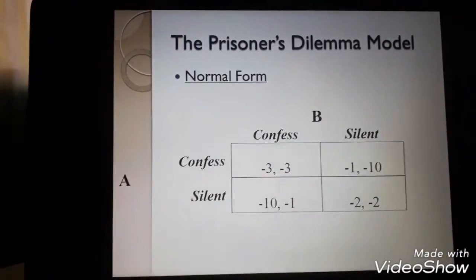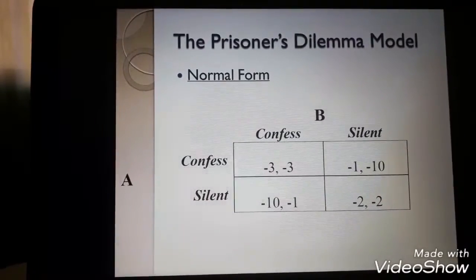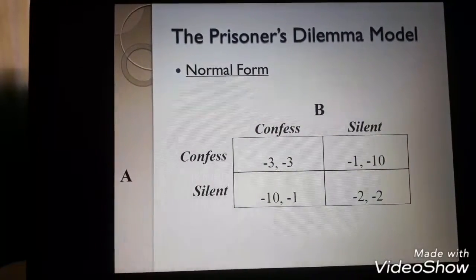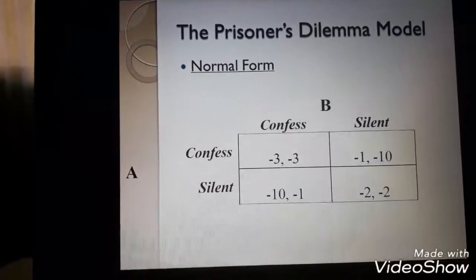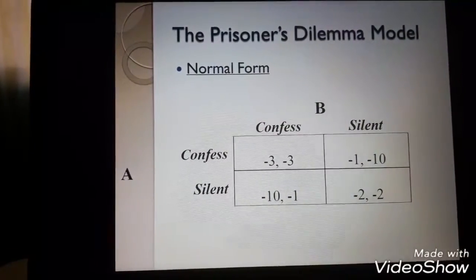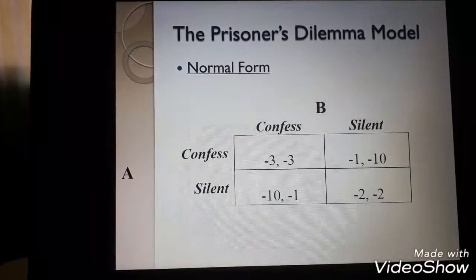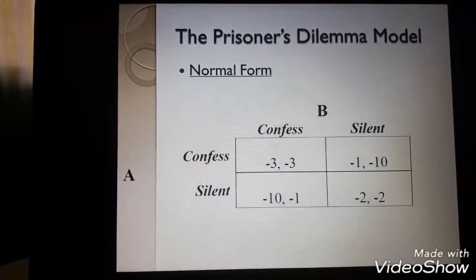Now, in normal form, a cooperative game is seen in a table of numbers, basically, with the strategies listed on the borders of the table and the payoffs of the players in the table cells.